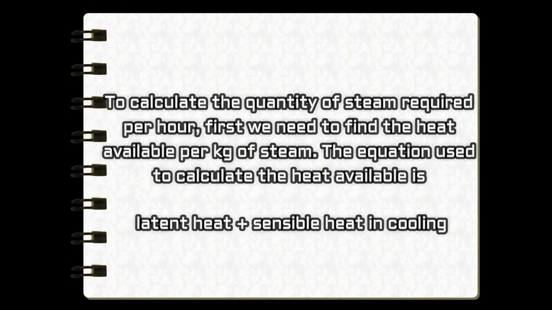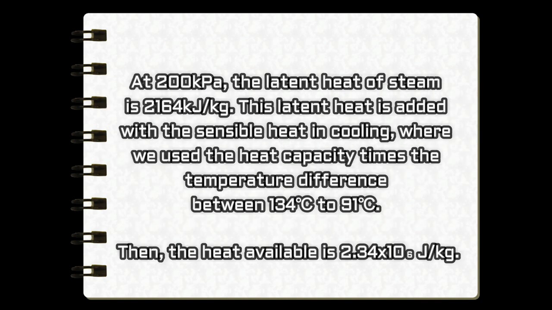To calculate the quantity of steam required per hour, first we need to find the heat available per kg of steam. The equation used to calculate the heat available is latent heat plus sensible heat in cooling. At 200 kPa, the latent heat of steam is 2164 kJ per kg.